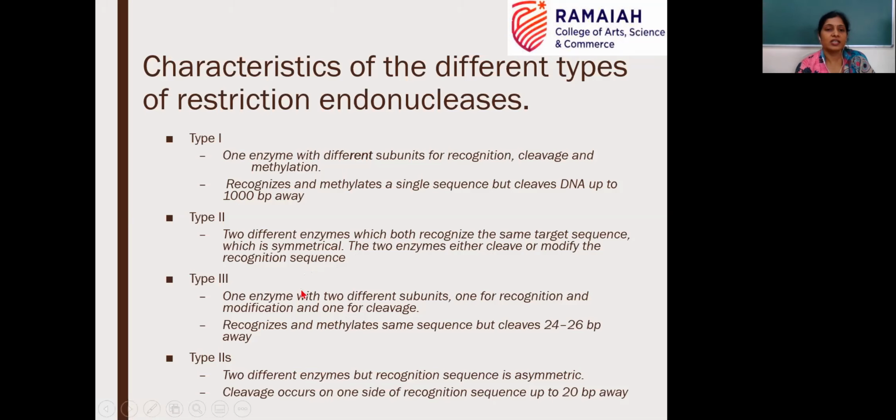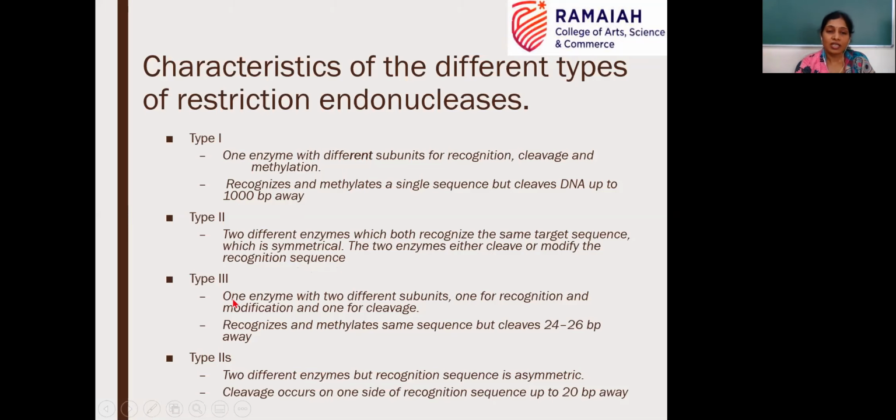This is just the summary slide. So, the type 2 enzymes are more useful in DNA cloning. They recognize the recognition sequence, and within the recognition sequence, the cleavage takes place. It occurs as two different enzymes, a restriction endonuclease and a methylase. One is for cleavage, the other one is for methylation.